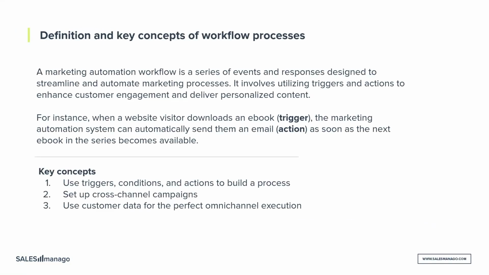Marketing automation workflow is a series of events and responses designed to streamline and automate marketing processes. For example, if a person downloads something from your webpage, like a lookbook in apparel store, marketing automation platform can remember this information, and once you have a lookbook for a new season, they can automatically send it to this particular customer.